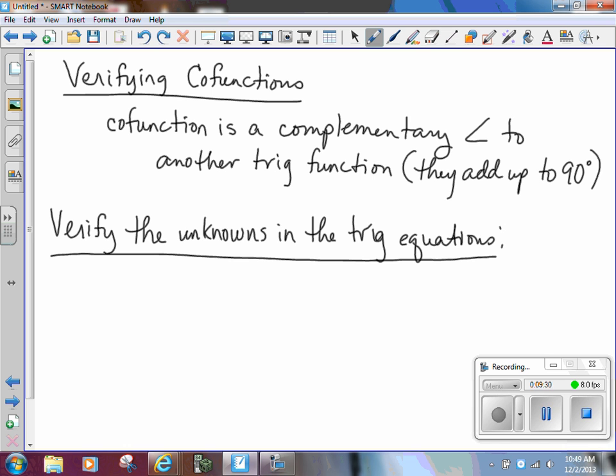You're going to be doing the same thing you've been doing, using the same formulas you've been using. And you might start with an equation that looks like this. Cosine of pi over 2 minus x is equal to the sine of x.